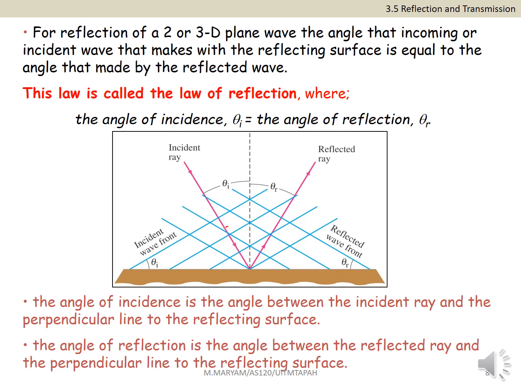The angle of incidence is the angle between the incident ray and the perpendicular to the reflecting surface. The angle of reflection is the angle between the reflected ray and the perpendicular to the reflecting surface.